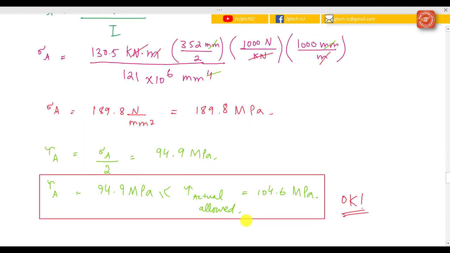And tau A is equal to the normal stress at A, sigma A, divided by 2, or 94.9 megapascal, and that's experienced at the outer fiber, which is less than 104.6 megapascal.